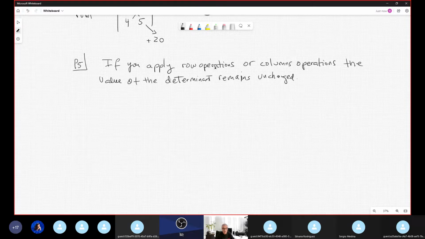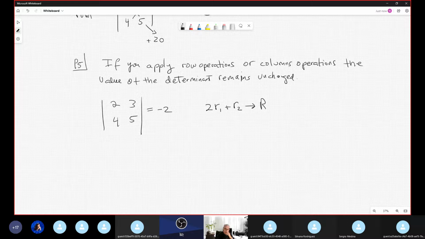This is science fiction. Let me explain in detail. Suppose again the famous easy elementary determinant that we apply every day. The answer is -2, no? Now suppose I am doing this row operation. Remember the notation of row operations, guys. Suppose 2 row 1 plus row 2 goes into the new row 2.